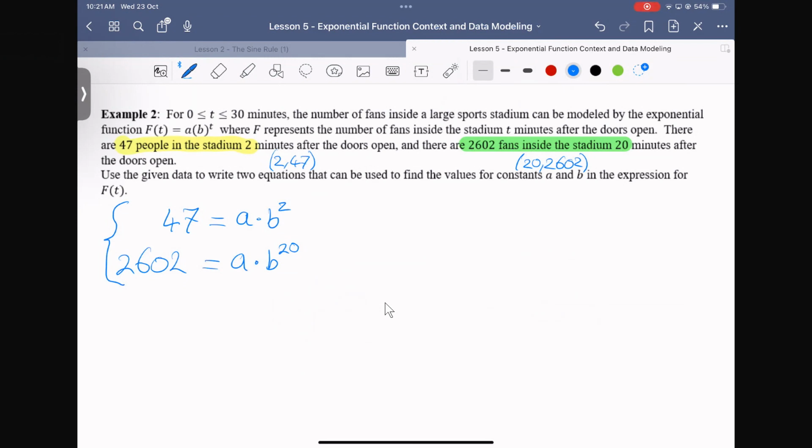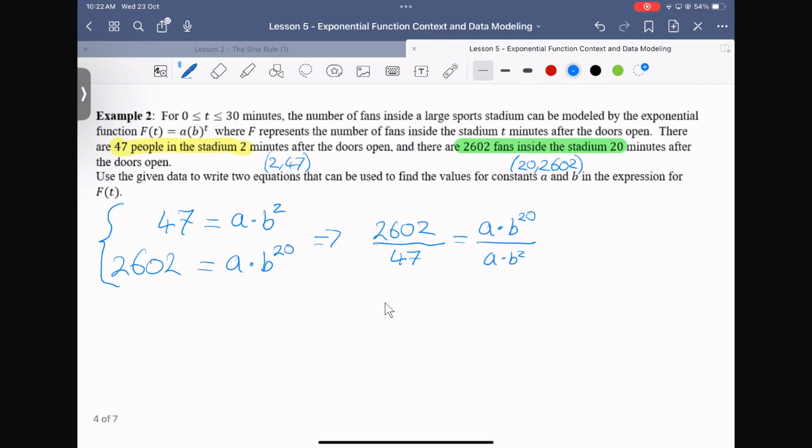So if you take that second equation and you divide it by the first, you're going to simplify it quite a bit. So this implies that 2602 over 47 is equal to A times B to the 20 over A times B to the 2.